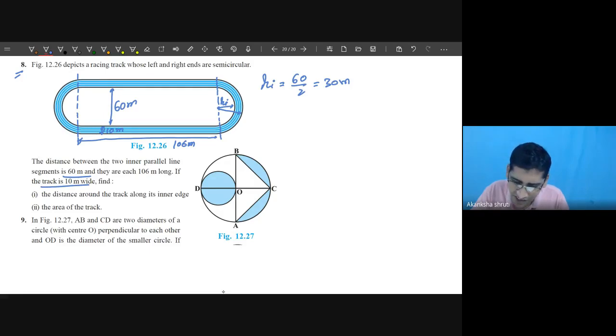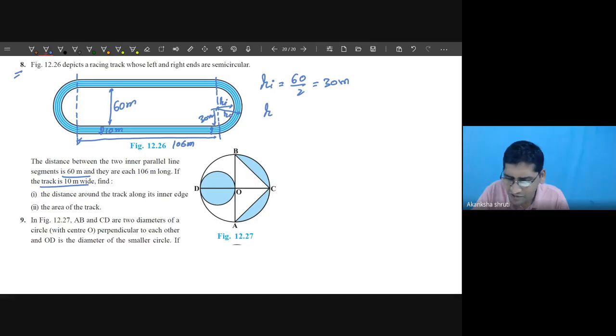Because this is the 10, from here to here, the radius R is 30 meter that we have written by dividing the 60, and this 10 is already this 10. So R out, the outer one, equals 30 plus 10 equals 40 meter. Now I hope you people can get it very easily. So this much data we have written.